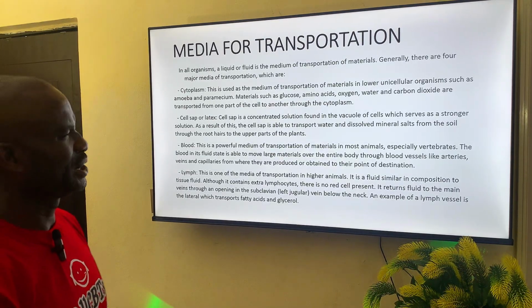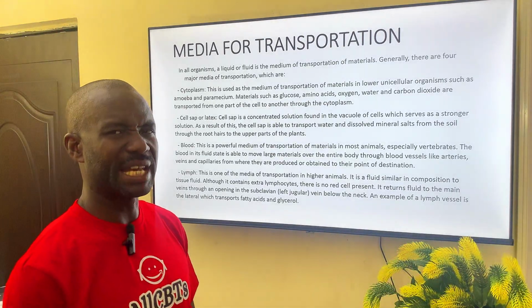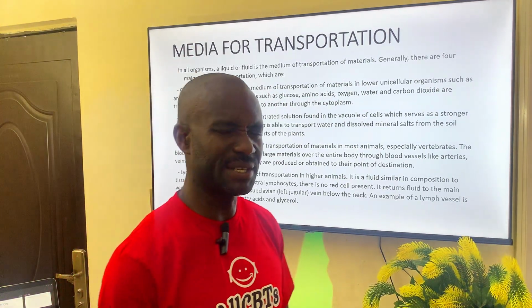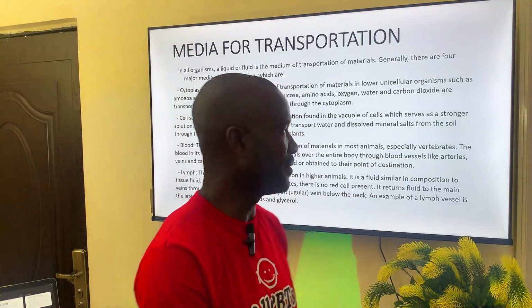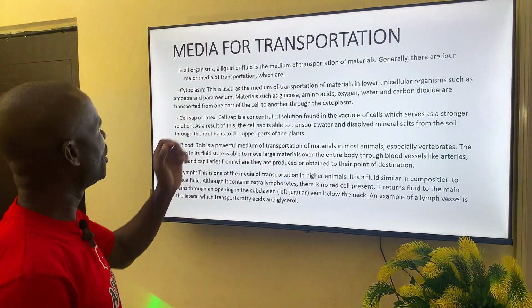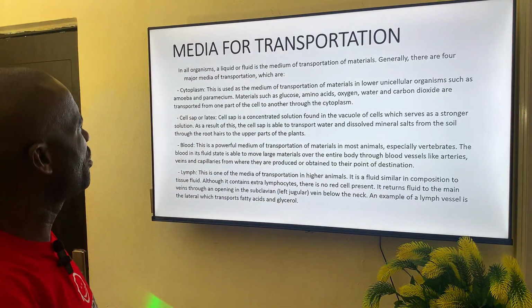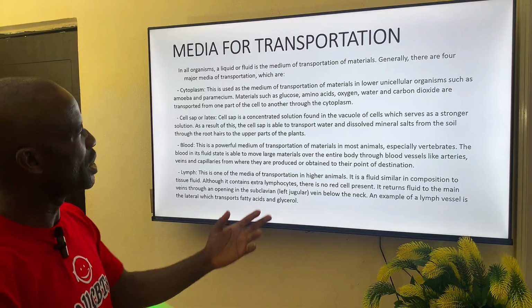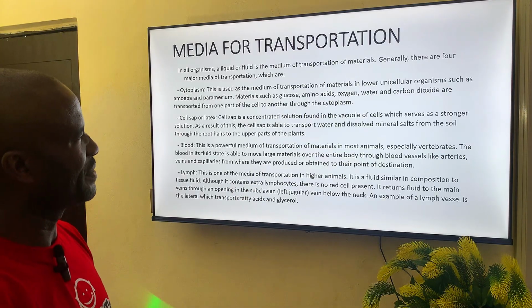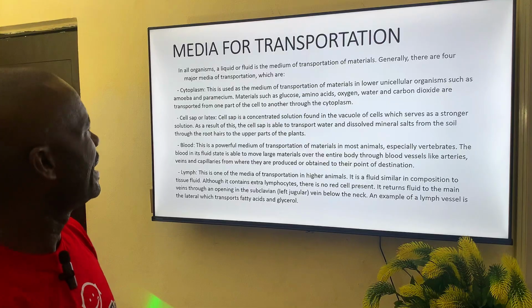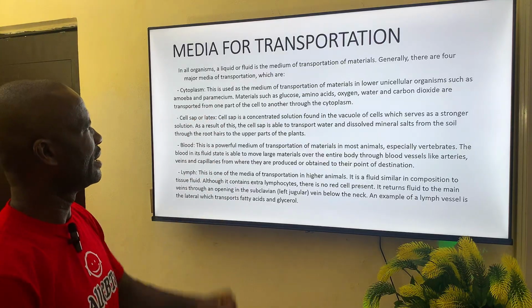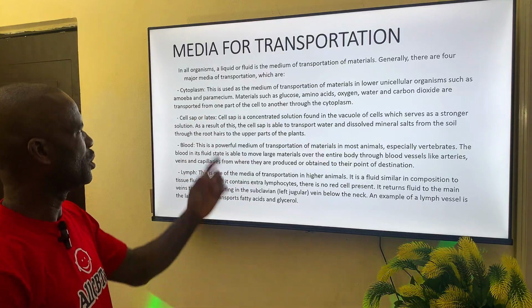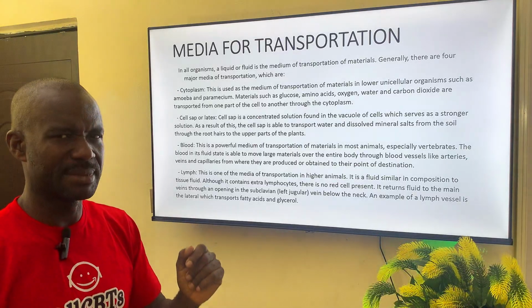Media for transportation. When we say media, what are the forms in which these materials are being transported? What are the vehicles that transport these materials? Number 1, in all organisms, a liquid or fluid is the medium of transportation of material. Generally, there are 4 major media of transportation, which include number 1, cytoplasm.